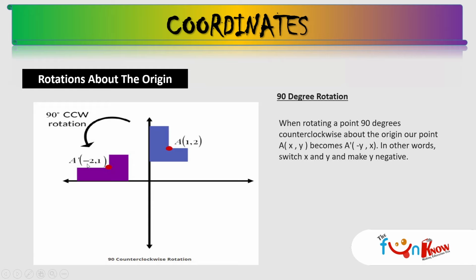So the new point A' is (-2, 1). The positions of x and y have been exchanged from the original point and y became negative. This is all about 90 degree rotation of a point, students.